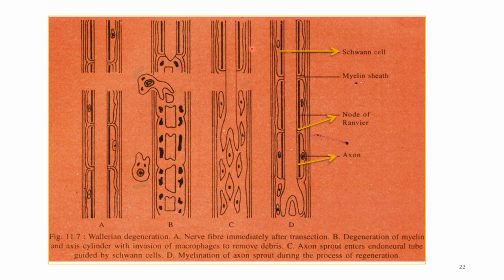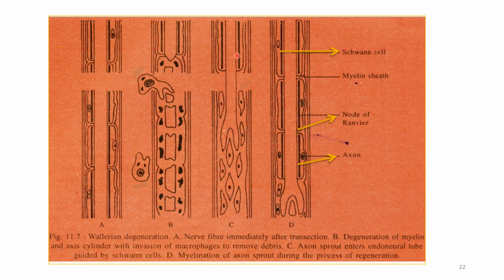Now what happens? This is the axon. From here it is sprouting towards the damaged part. There are many sprouts of axon coming from the normal axis cylinder.